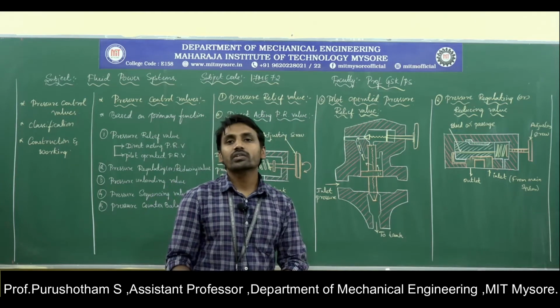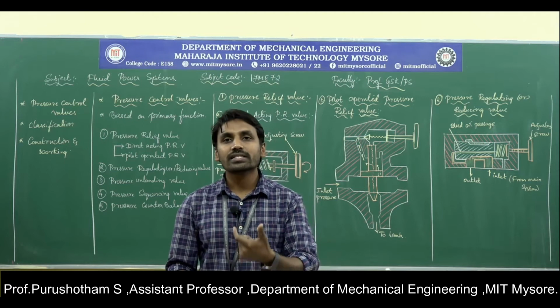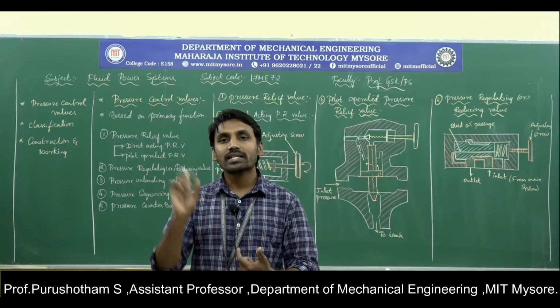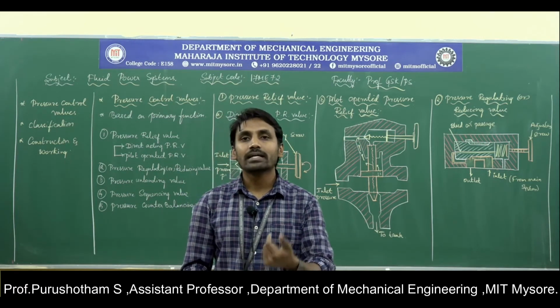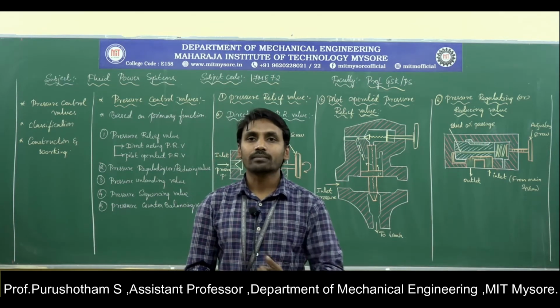The main function of the pressure relief valve is limiting the pressure of the system to the maximum prescribed pressure by delivering some or all of the output of the pump to the tank.